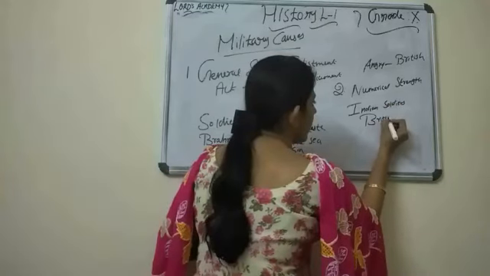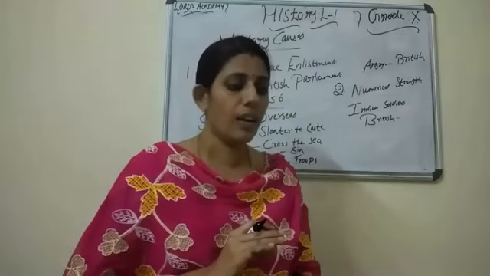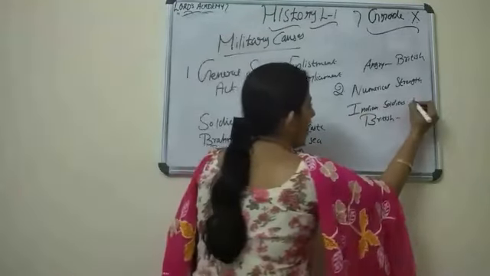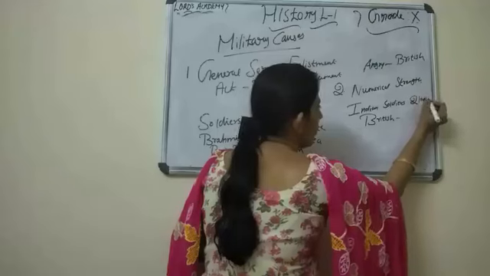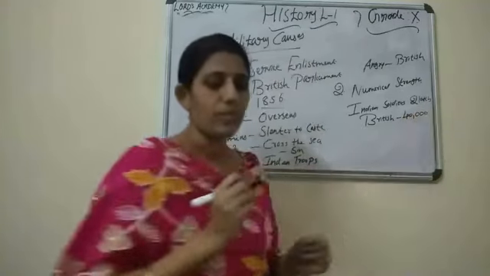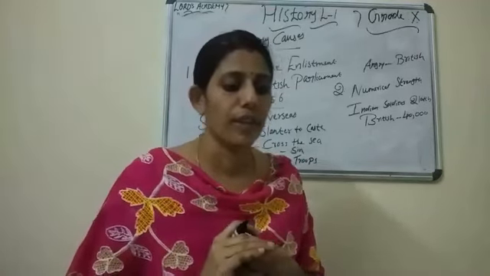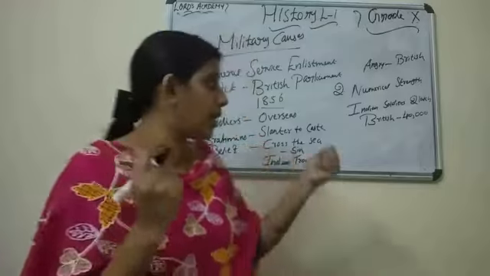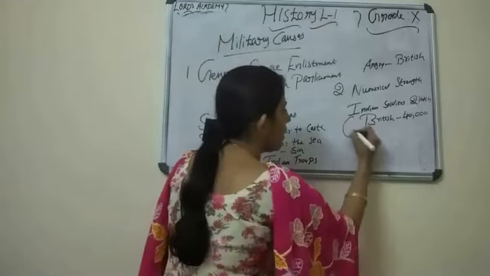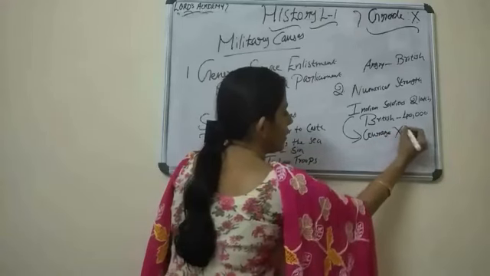What is the strength of Indian soldiers and what is the strength of British soldiers? There were 2 lakh Indian soldiers, and on the British side 40,000. Clear? The mere numerical strength of the Indian soldiers gave them courage to fight against the British.